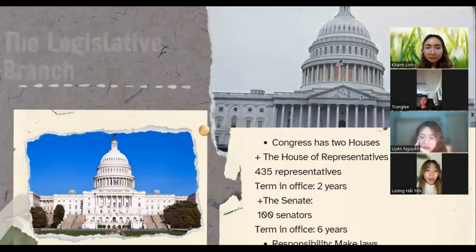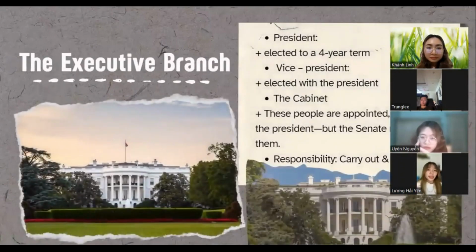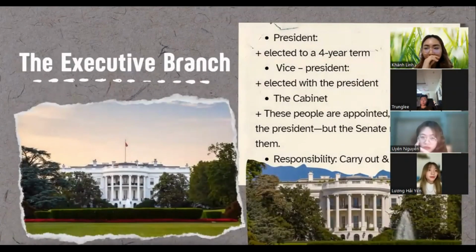The next branch of the government is the executive branch. The executive branch is led by the president. The president is elected to a 4-year term and can be elected only twice. He or she can sign into law or veto bills passed by Congress. And the vice president is elected to a 4-year term on the same ticket as the president.